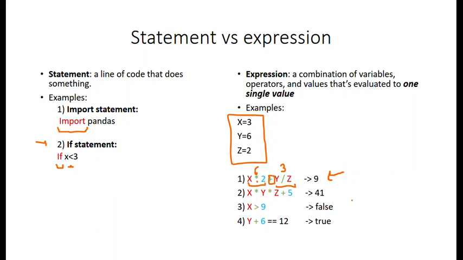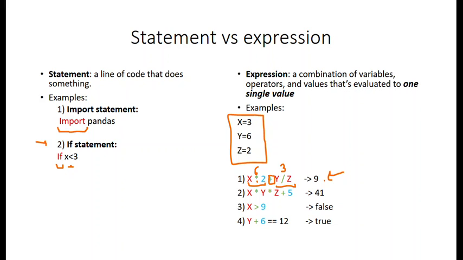It's very simple. This is an expression that contains variables like x, y, and z, values like 2, and operators like multiplication, division, and addition. All of these were combined and evaluated to one single value, which is 9. That's an expression.